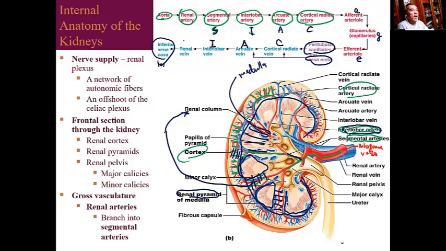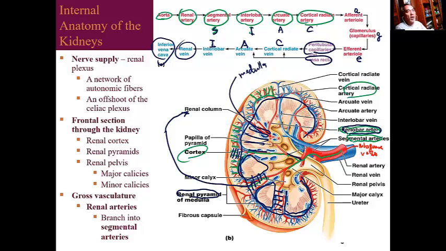Okay, and then it goes to the renal vein and back to the inferior vena cava. So that means that it starts out as arteries, becomes arteriole, capillary, and then becomes an arteriole again, and then becomes capillaries to connect with the veins: cortical radiate vein, arcuate vein, interlobar vein, renal vein, and inferior vena cava. Okay, so those are your blood vessels that are created inside the kidney.